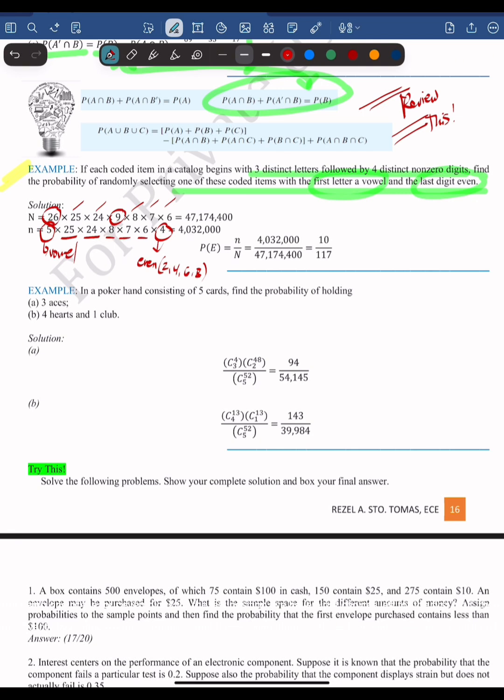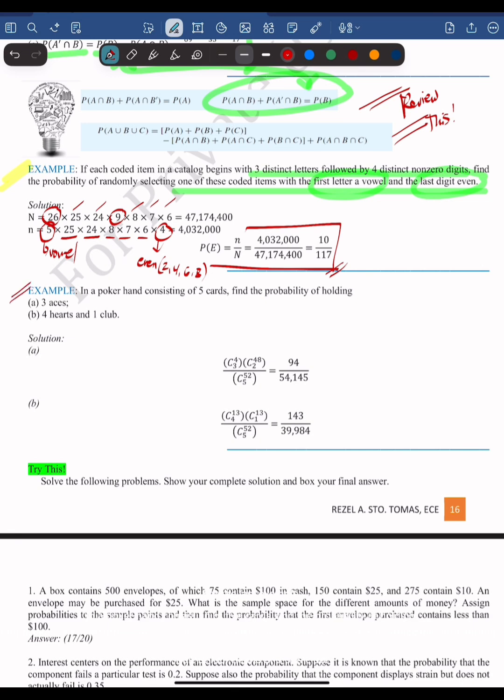So n equals 5 times 25 times 24 times 8 times 7 times 6 times 4, which equals 4,032,000. Therefore, the probability is n over N, which is 4,032,000 over 47,174,400, which equals 10 over 117.